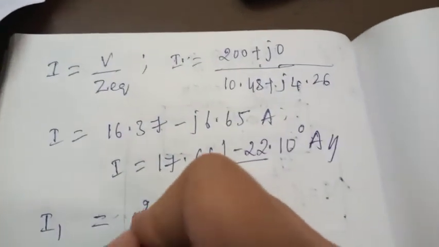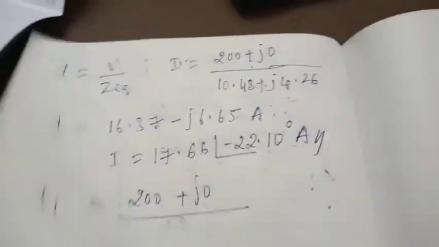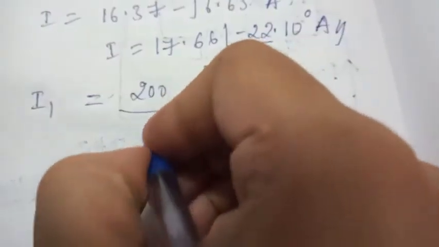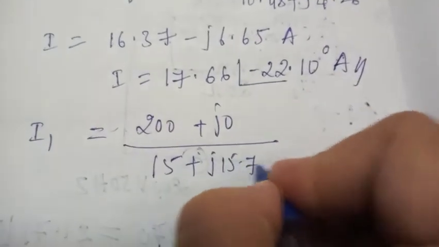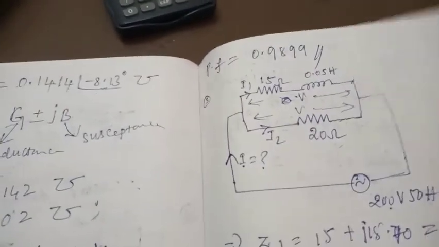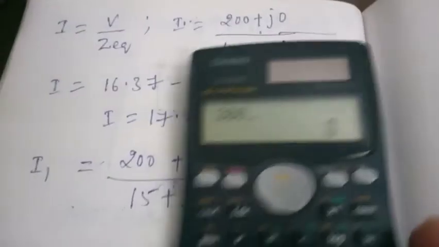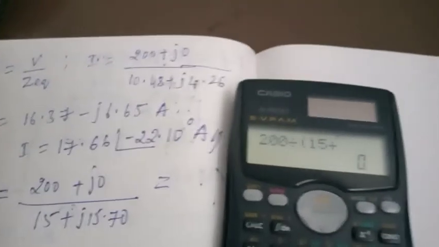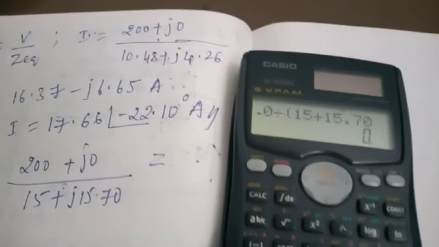I1 is equal to V divided by Z1. V divided by Z1 means 200 plus j0 divided by what is the value of Z1? 15 plus j15.70. So 200 divided by 15 plus j15.70.